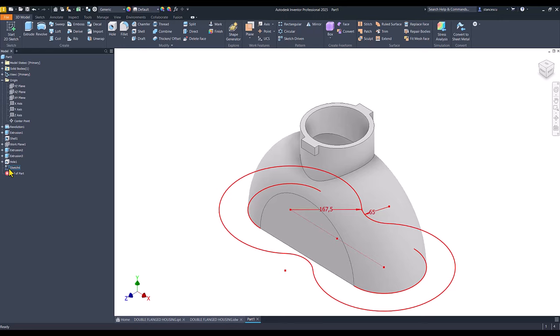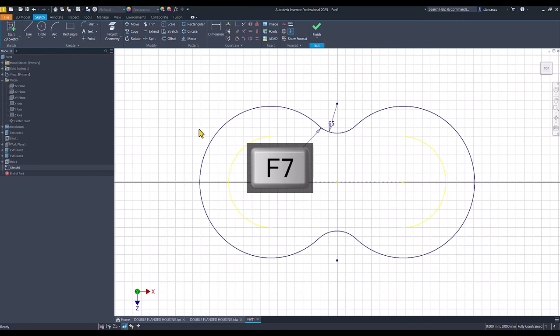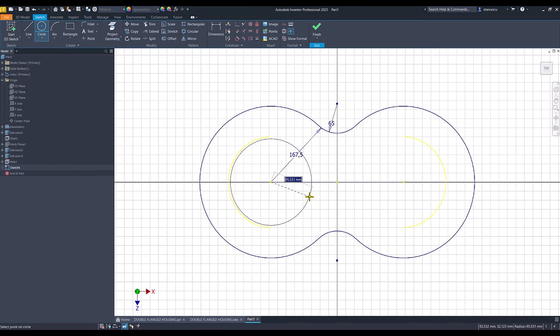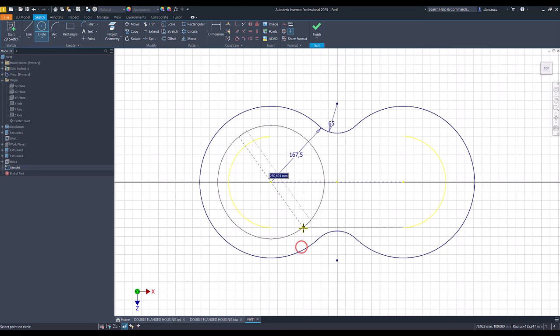Oh, where are the holes? F7, the two circles with a diameter of 176.